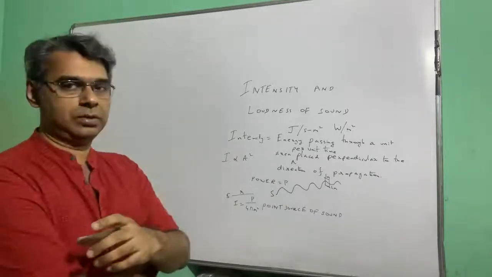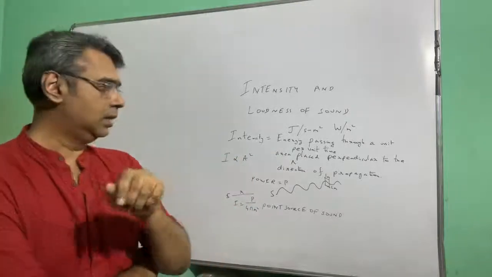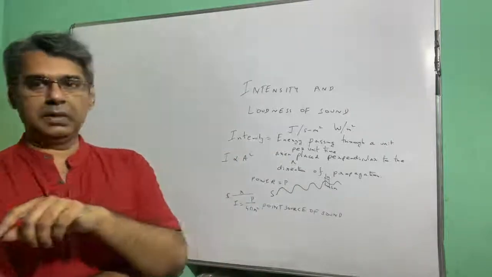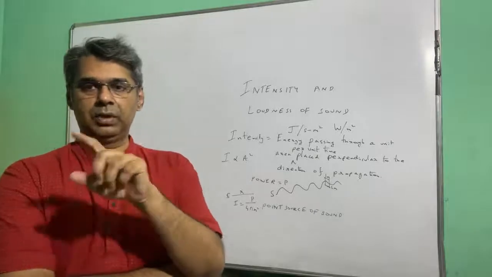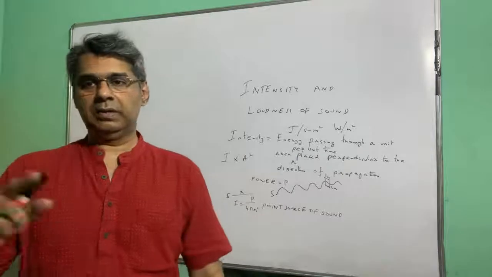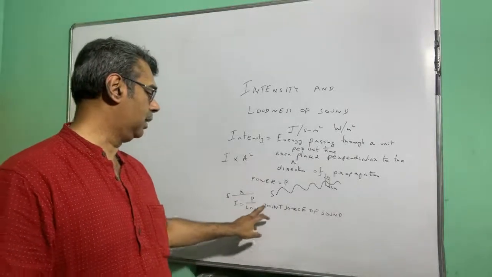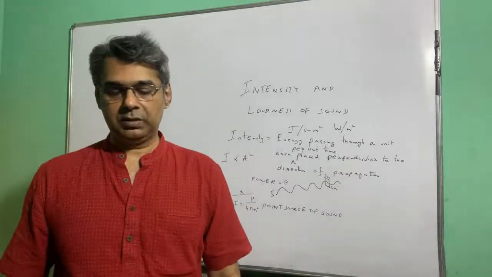Because it is a point source, it will give sound energy equally in all directions. So if you draw a sphere centered at S, of radius R, then the surface area of the sphere will be 4 pi R square. So the intensity at a distance R will be power of the speaker by 4 pi R square.